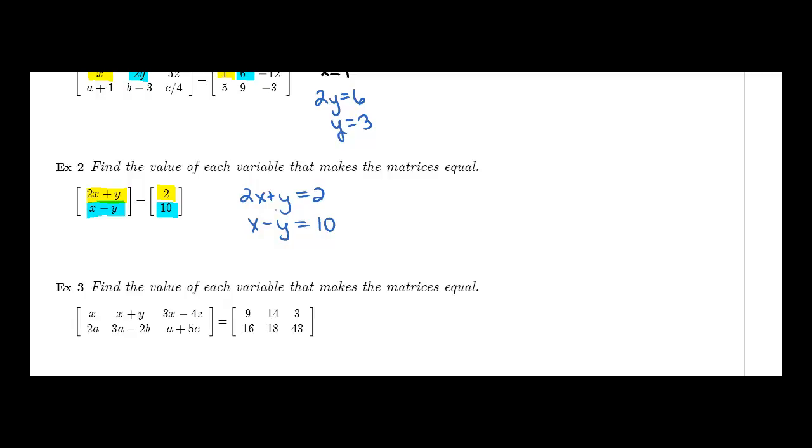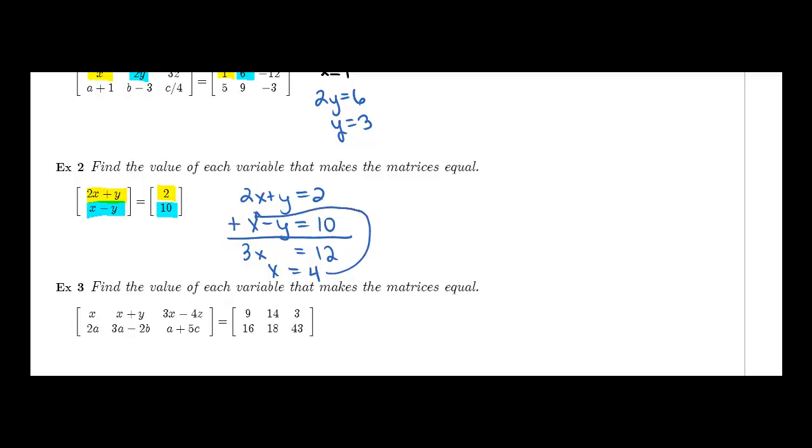But in this case, if we have a system of equations, again, going back to what we've learned before, we're going to add these two equations because the plus y and minus y will simplify to be 0. So we've got 2x plus x is 3x, y minus y is 0, and this is equal to 12. So that will tell us that x is equal to 4 if we divide both sides by 3. And then we can plug this back into either.